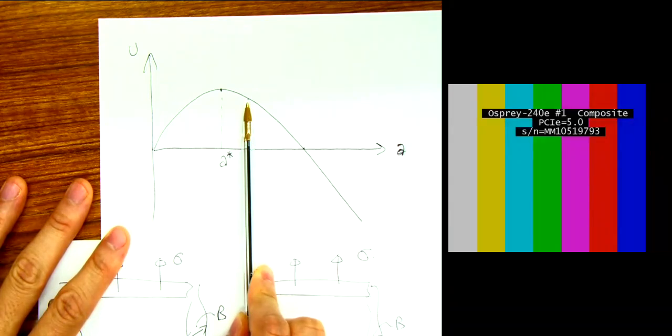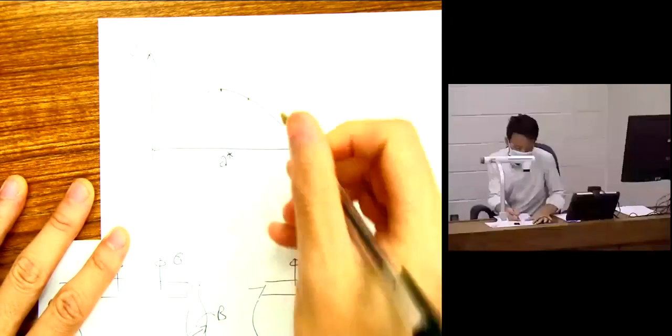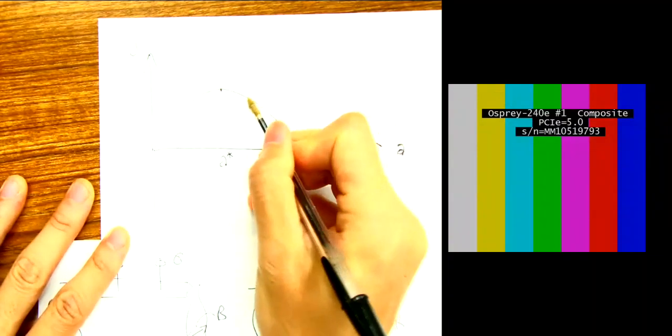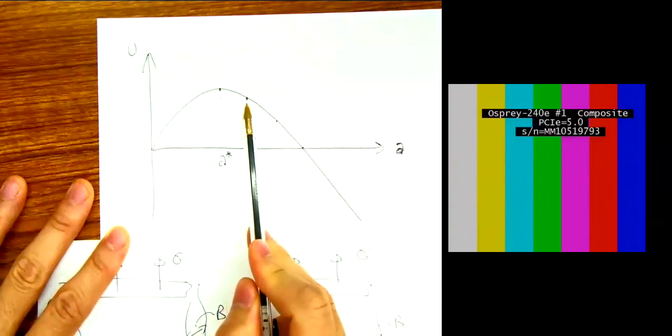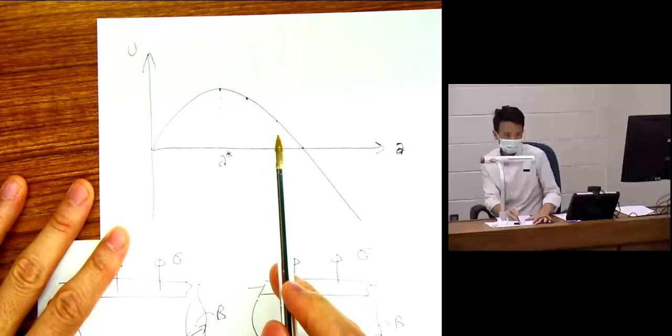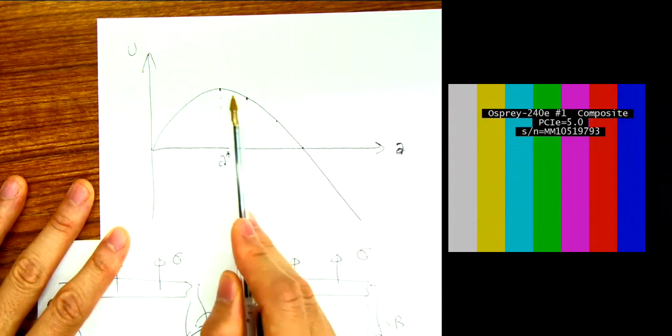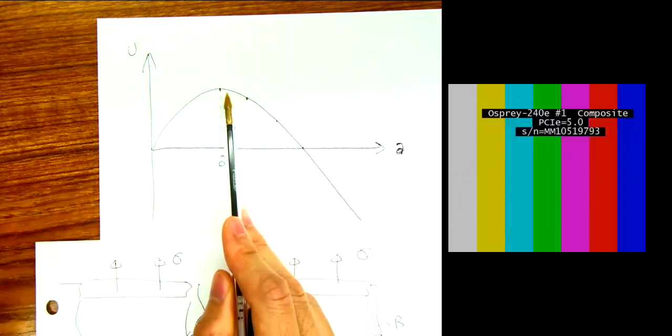And then you look at a neighboring point, let's say here, right? I start with an A that is larger than A star. There is a configuration for the system to go to a lower potential energy, right? I'm here. I wouldn't go backward, right?